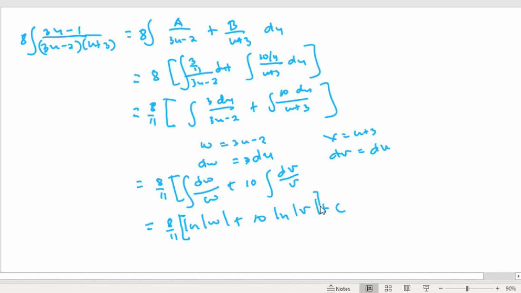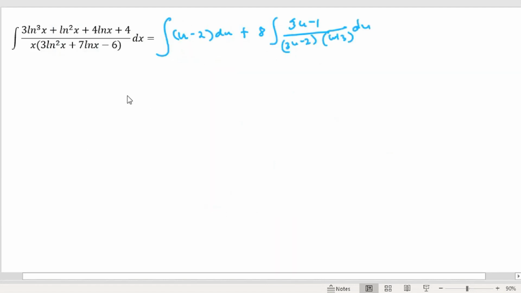So we have u squared over 2 minus 2u plus the integration of the second part, 8 over 11 times ln of the absolute value of w, plus 10 ln of the absolute value of v plus a constant.